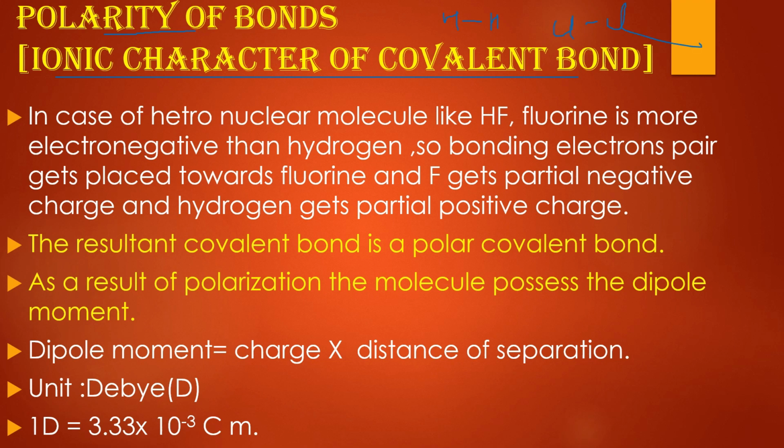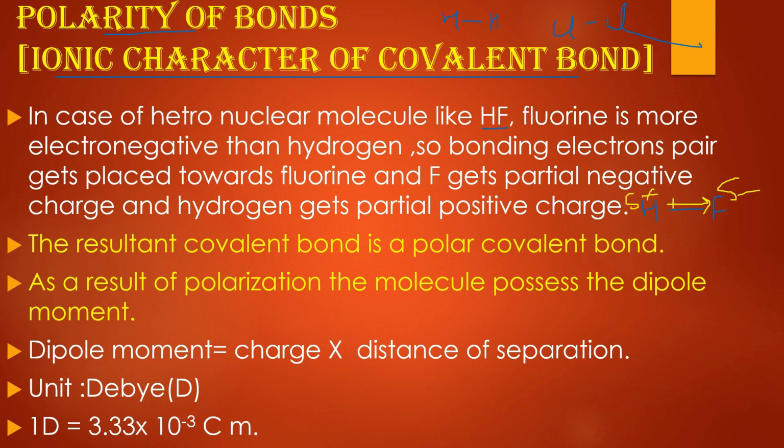But whenever the covalent bond is formed between two different atoms, two heteroatoms like HF, hydrogen fluoride, here fluorine is more electronegative than hydrogen. So what happens in this case? Suppose this is hydrogen and this is fluorine. Now in this case fluorine is more electronegative, so it attracts the bonded pair of electrons towards itself with greater force, so it gets a partial negative charge and hydrogen gets a partial positive charge.